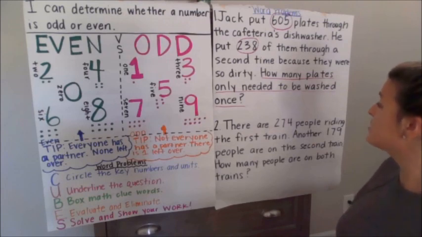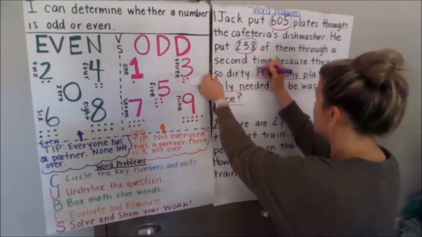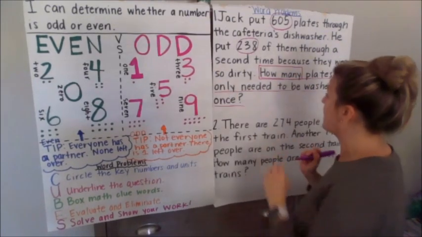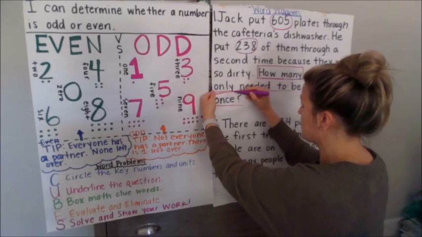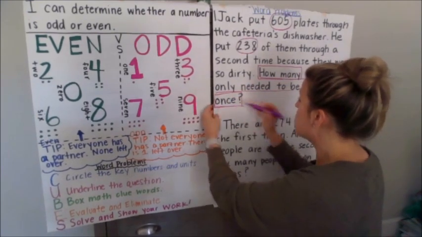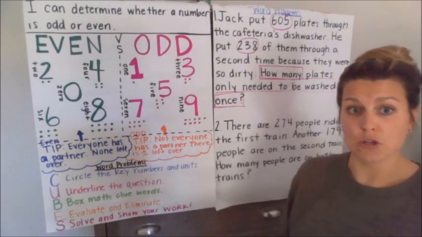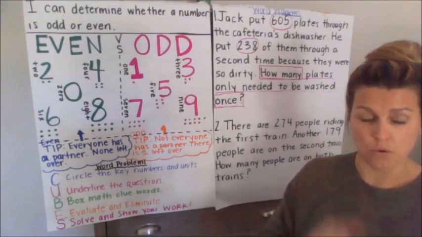How many plates only needed to be washed once? So I would say they're asking us how many, so we need to solve that. I think once is a key word there. So this question is going to tell us that we need to subtract to figure out how many plates he only needed to wash once.